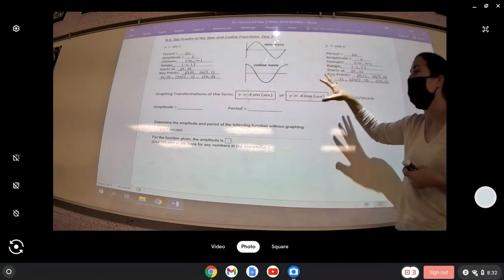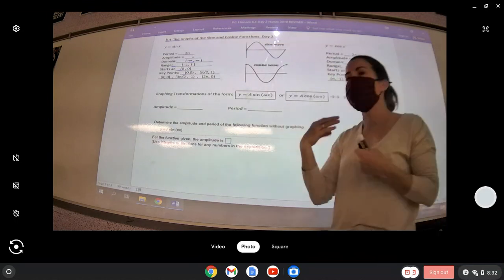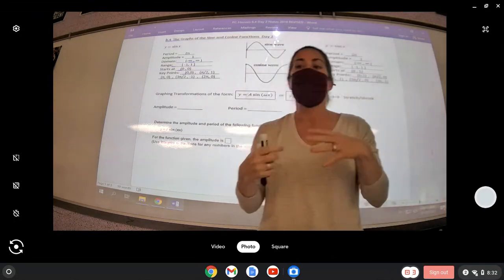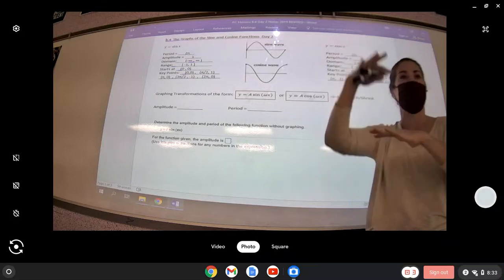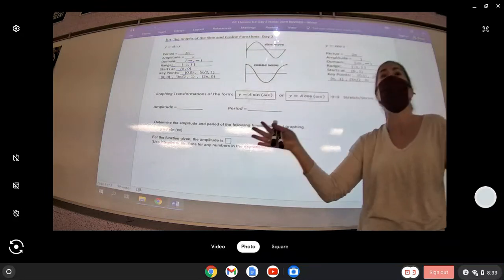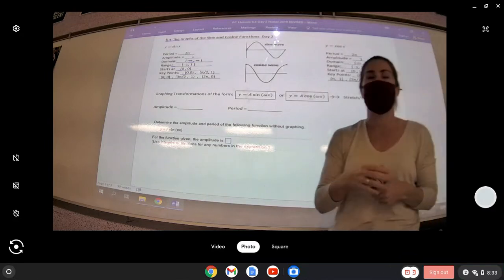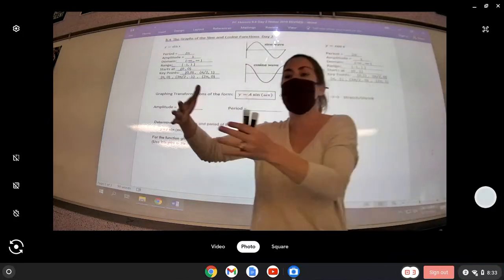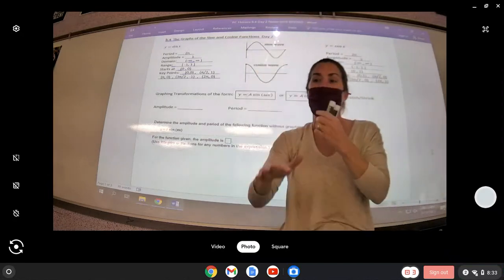The transformations that we are working on in this section, guys, they only affect your stretching and shrinking. It's going to change the shape of the graph in the sense that it's stretching it bigger or smaller, or stretching it this way or shrinking it horizontally. We're not doing any phase shifts. So it's not like we're bumping anything to the right or left or up or down.